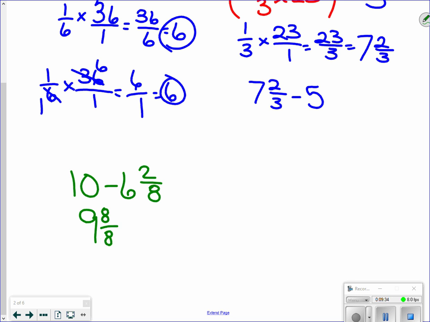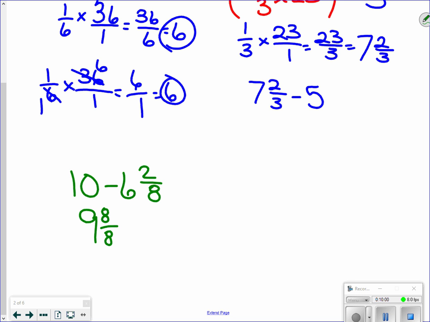With this in the back, if I have 7 whole pizzas and 2/3 of a pizza on my counter, can I give away 5 whole pizzas? No.